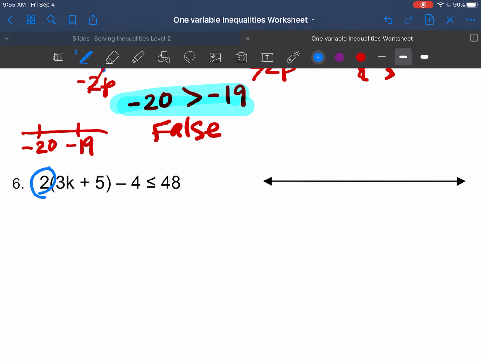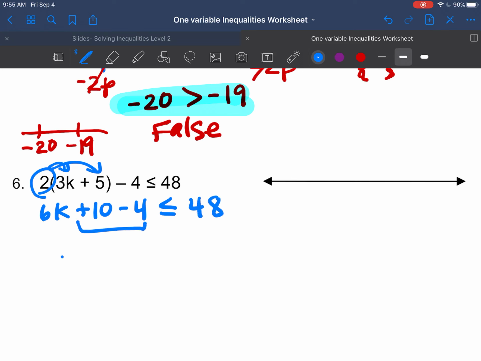All right, last one, distribute. Gives us 6k plus 10, a -4. Let's combine these like terms. 10 minus 4 is 6. Now let's isolate the k.